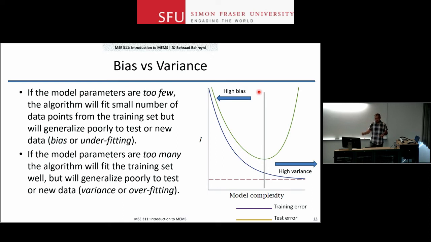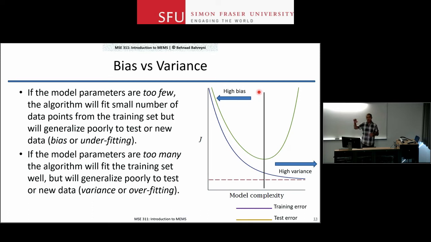It doesn't fit that data very well. And we say this is a bias problem. Usually bias problems are relatively easy to detect and fix because with a high bias, with a function that is too rigid, you will have a large error even on your training data.